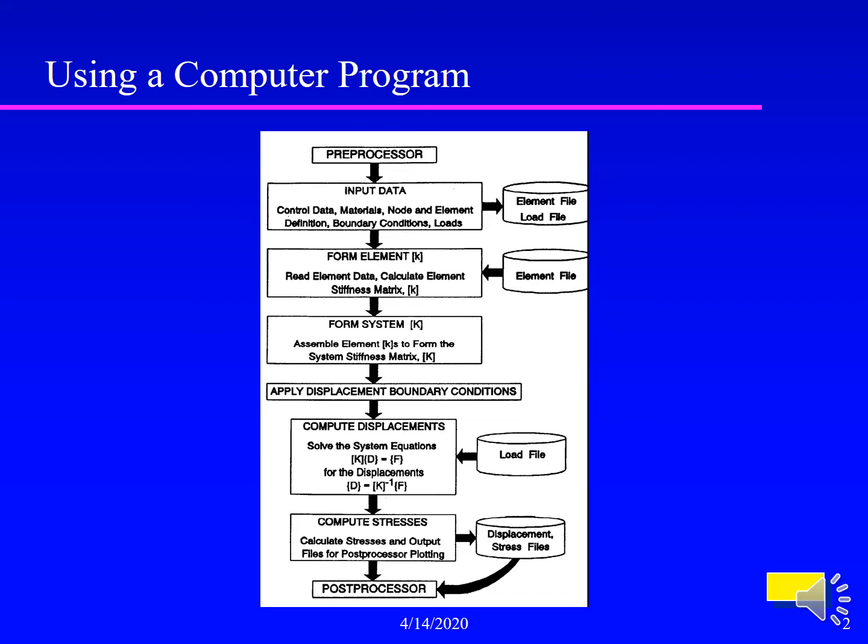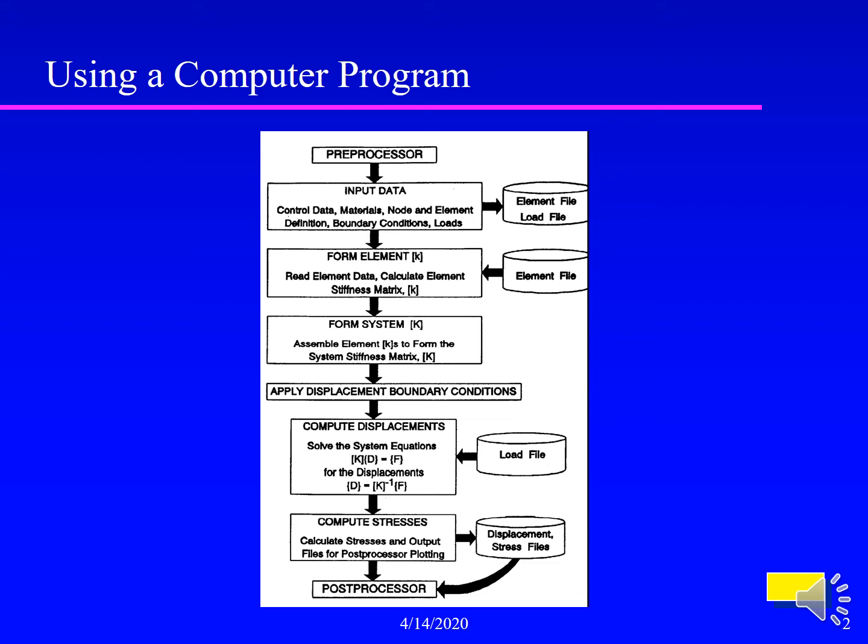System stiffness matrix and element stiffness matrix come under processing, before finding out the displacements, where the equations are solved as kd equal to f. K is the stiffness matrix, d is the displacement vector, and f is the force vector. Displacement is the unknown, which is calculated as inverse of k times the force matrix. And in this calculation, the load file is taken as input.